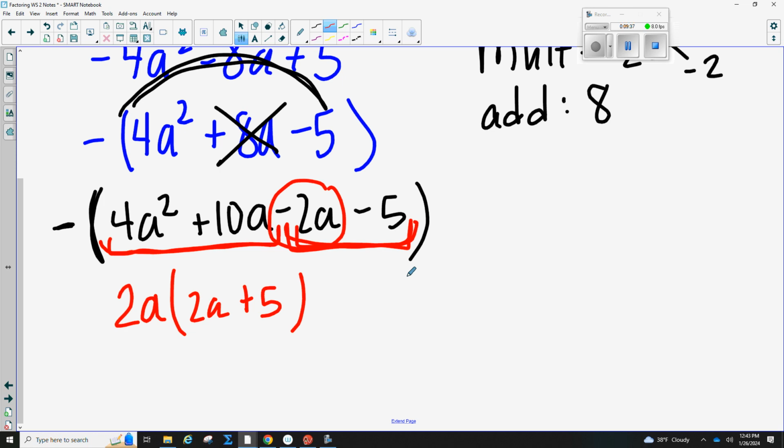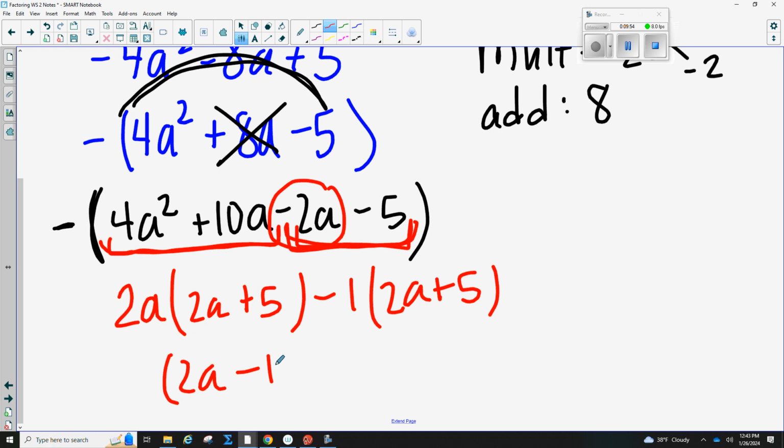So if there's nothing that divides out, pull out a 1, and since the third term is negative, pull out a negative 1. That would change it to 2a plus 5, which is what we want, because we took the negative out. So I end up with 2a minus 1 times 2a plus 5. And then this negative sign just stays in front like a GCF, okay?